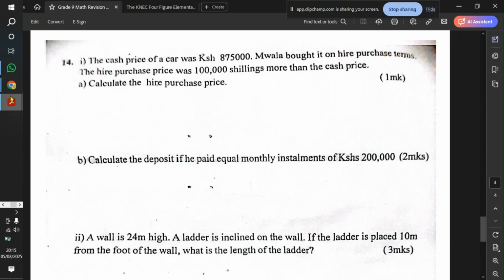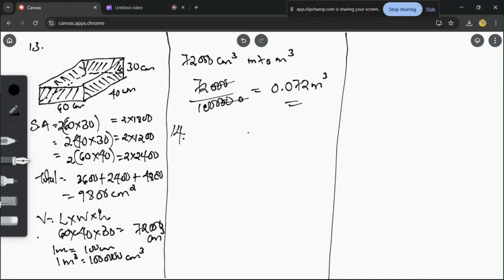All right, so I come to number 14 here and check what I have. The cash price of a car was, let me write the cash price, shillings 875,000.